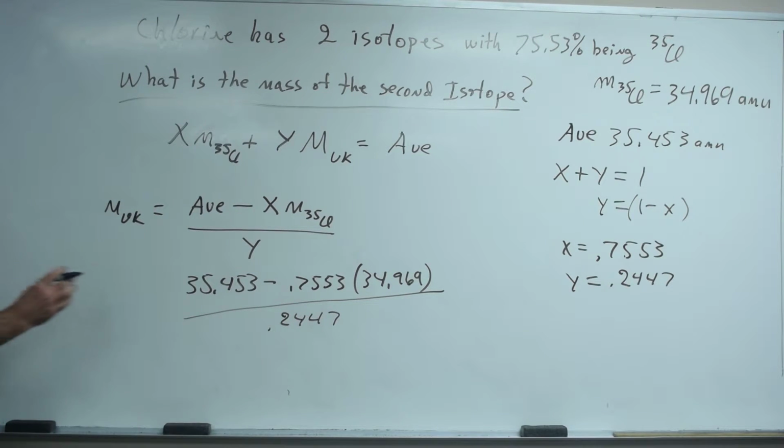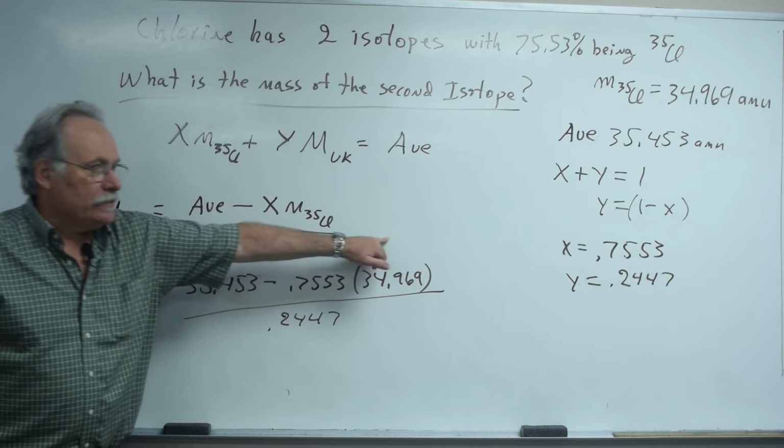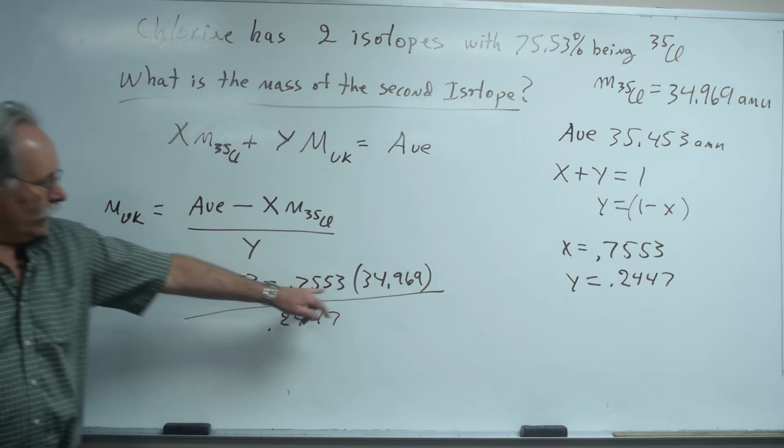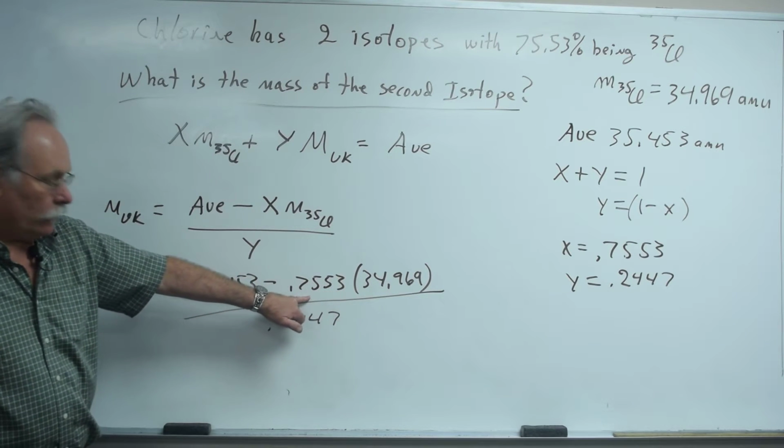Now I need to line these up. If I line these up, I have 35.453, and this is known to the hundredths position. This times this is 26.412. So if I subtract 26.412, now I took this to 5 sig figs. This number is known to 4.